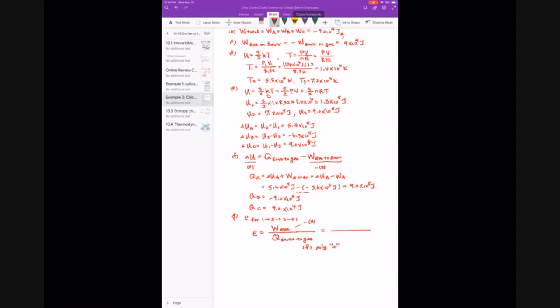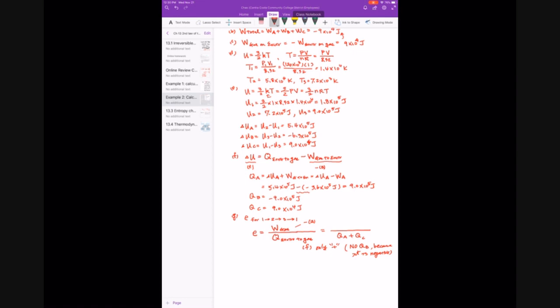The QB is negative, so we're not going to use the QB. QC is positive, so you're going to use the QA plus QC. No QB because it is negative.